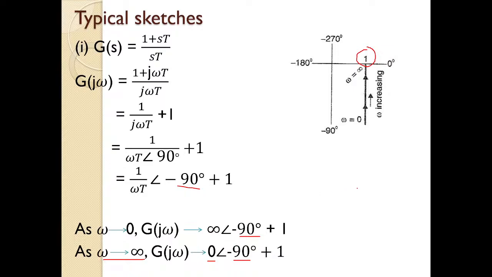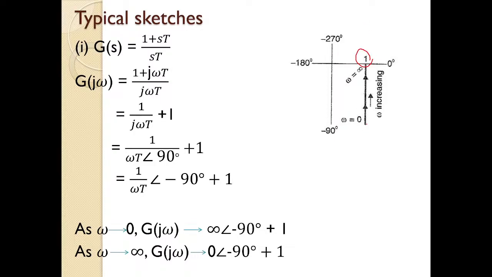The plot will start from minus 90. Of course it will not lie at the minus 90. Why? Because the 1 is added here, plus 1 is added here, which is a real term, isn't it? 1 is a real term, so real values will always lie on the reference axis, that we already know. So this is 1.